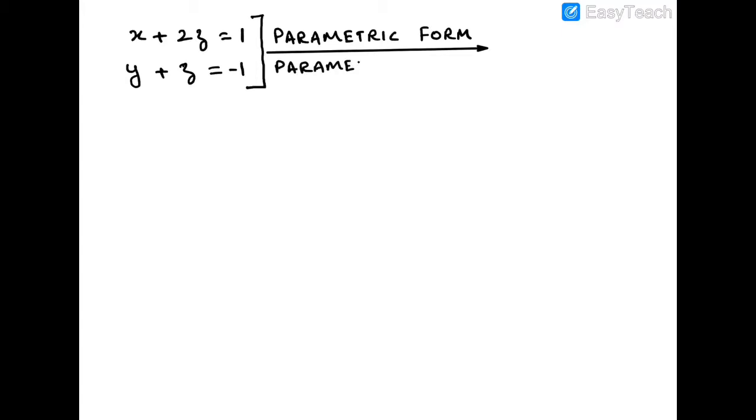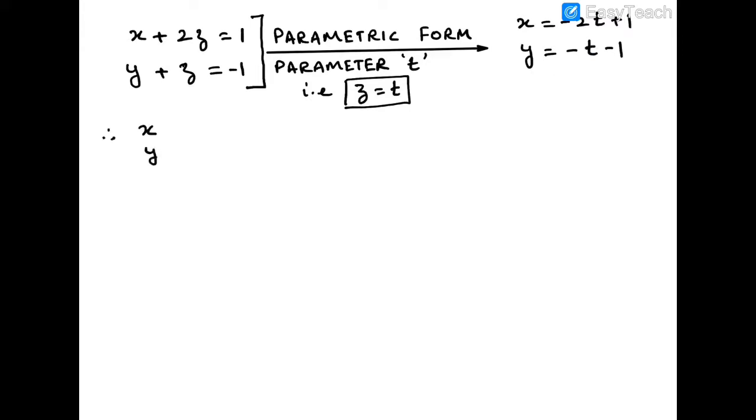So Z will be t here because Z is a free variable. Now write X and Y in terms of t, and we will get X is equal to minus 2t plus 1 and Y is equal to minus t minus 1. So X, Y, Z is equal to minus 2t plus 1, minus t minus 1, and t.